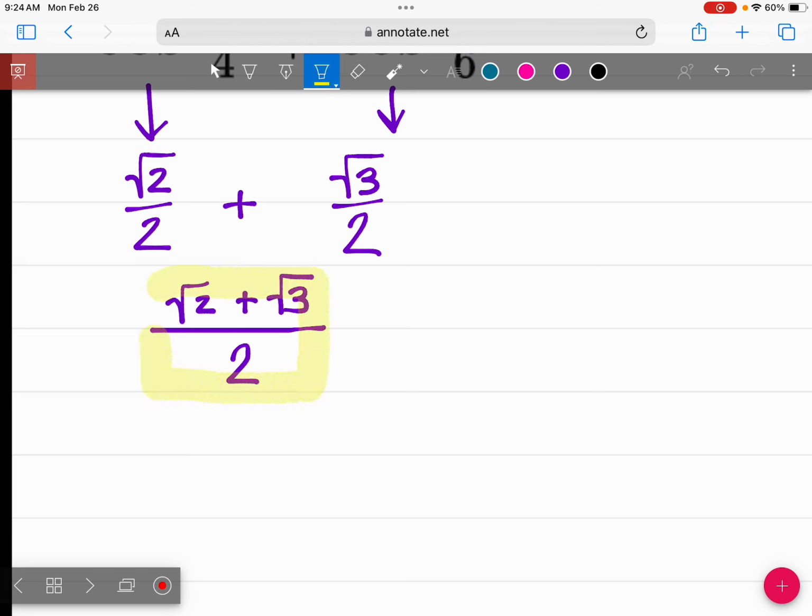This is our answer for this one. That is the exact value of the cosine of pi over 4 plus the cosine of pi over 6. It's the square root of 2 plus the square root of 3 all over 2. Which does not look great, but it's a thing.